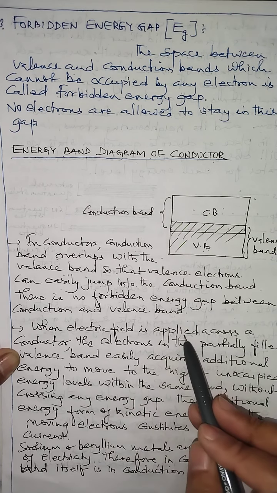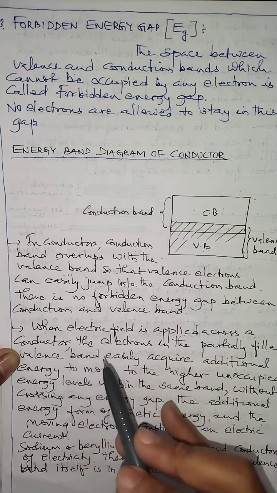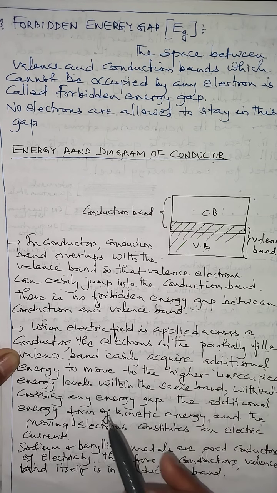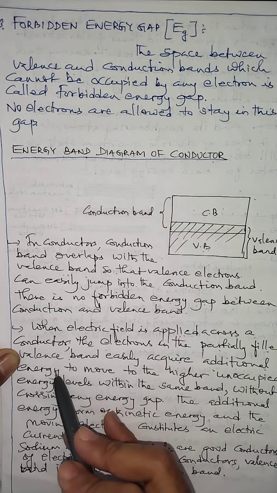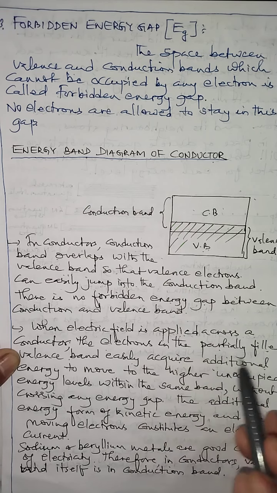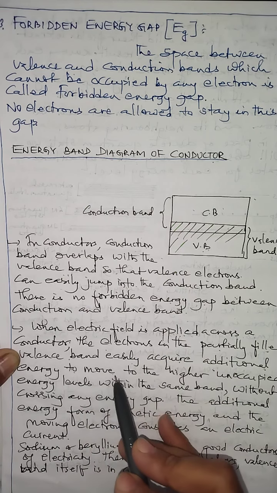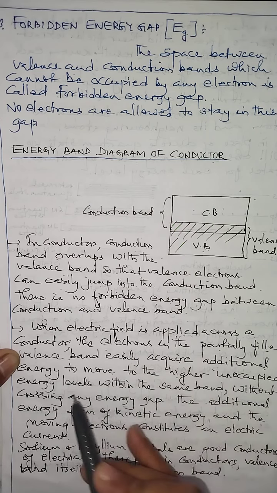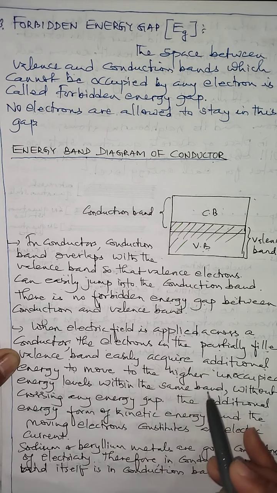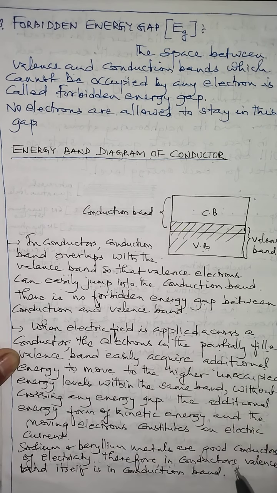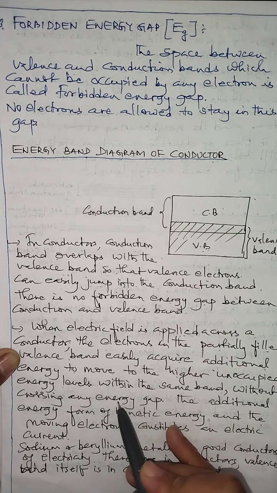Due to this electric field, the electrons in the partially filled valence band easily acquire some additional energy in the form of kinetic energy. Due to this additional energy, these electrons can easily move to a higher unoccupied energy level within the same band, without crossing any energy gap.